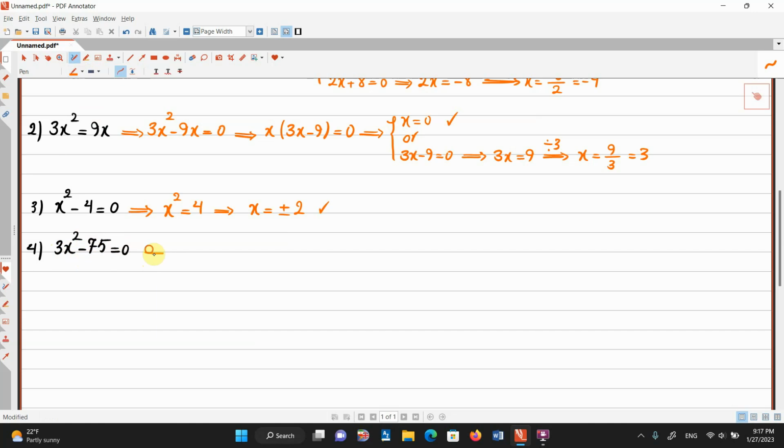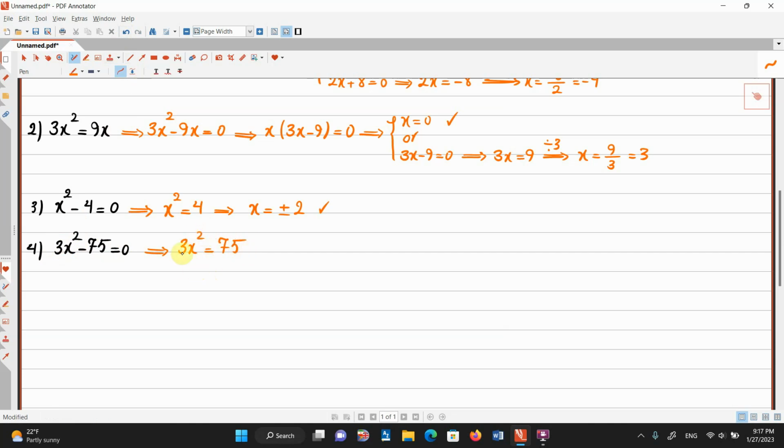Since the linear term is not available, to solve this one, first of all, we should isolate the term which includes x squared and keep it on the left side. Then you can write 3x squared equals, moving the other term to the right side, 75.